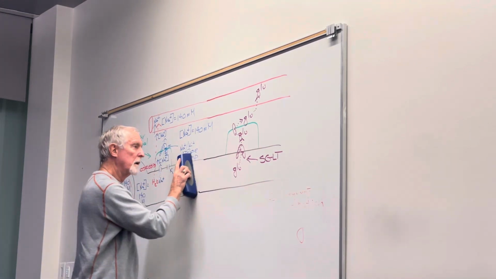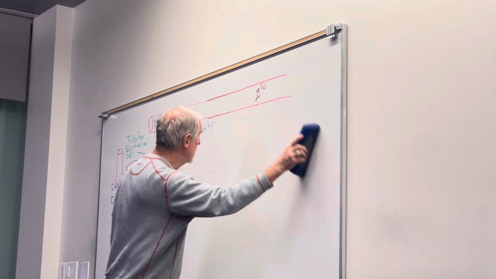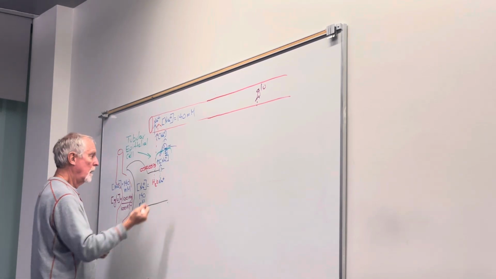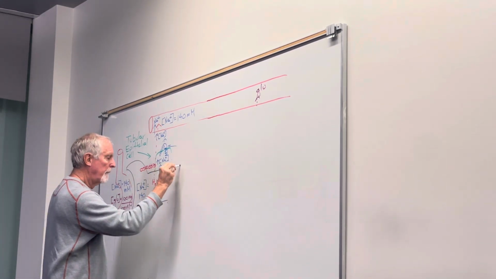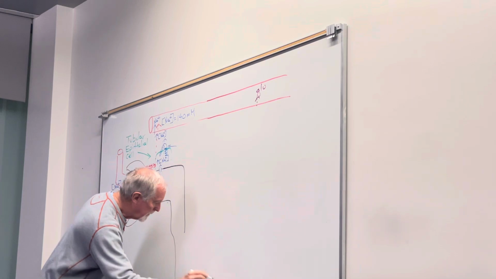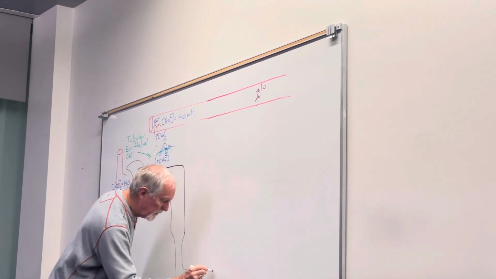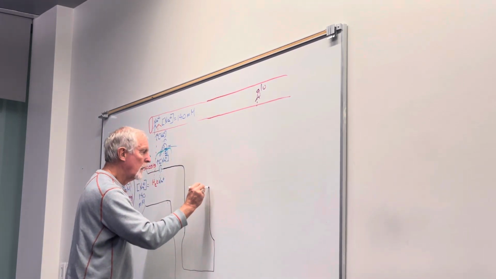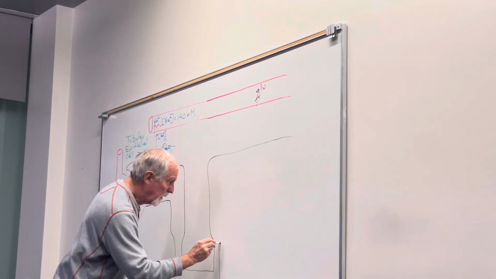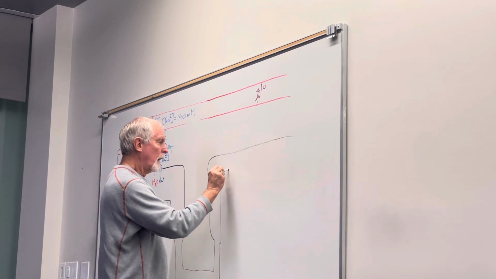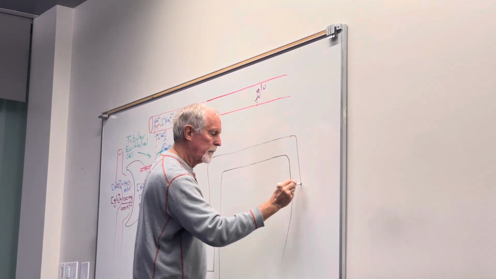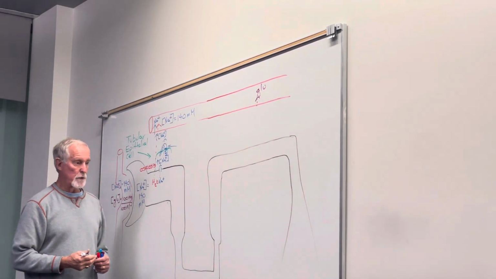So now we're moving beyond the proximal tubule. And in my diagram that I laid out for you last week, I mentioned that 60% of the reabsorption occurs in the proximal tubule.